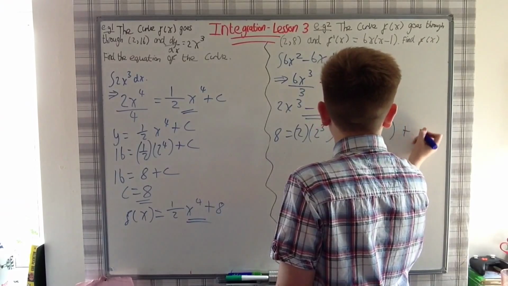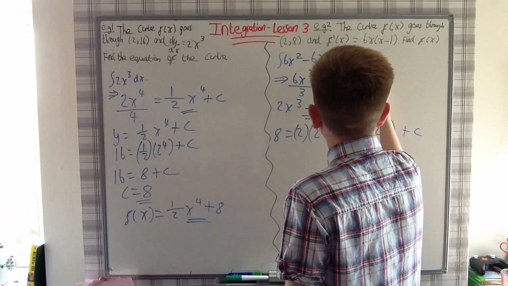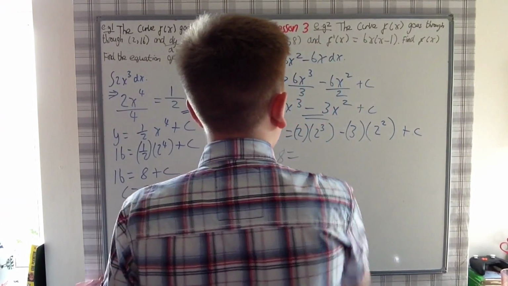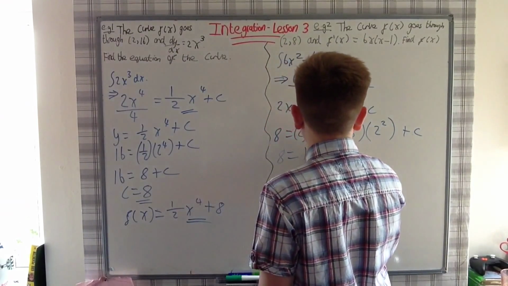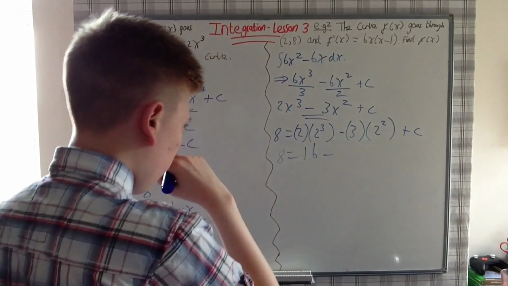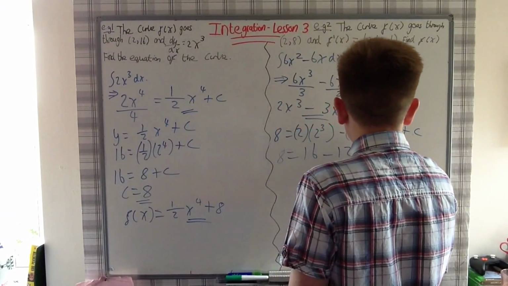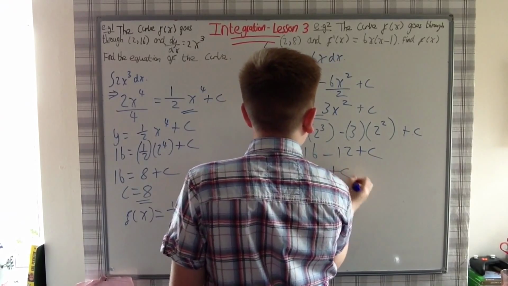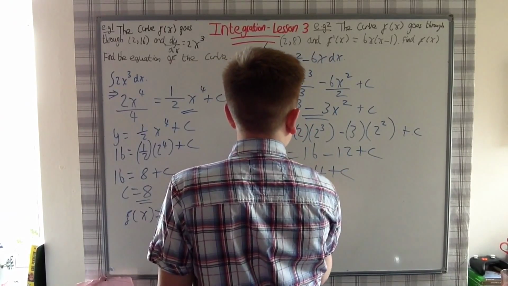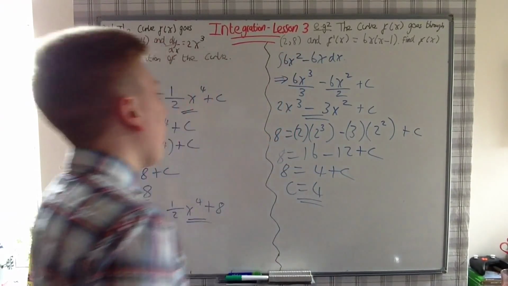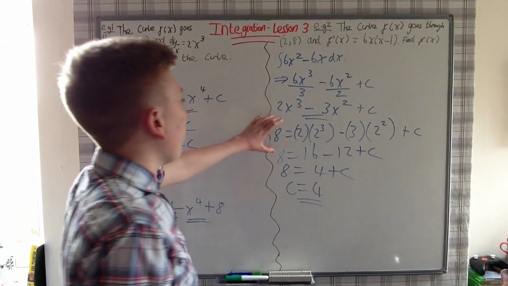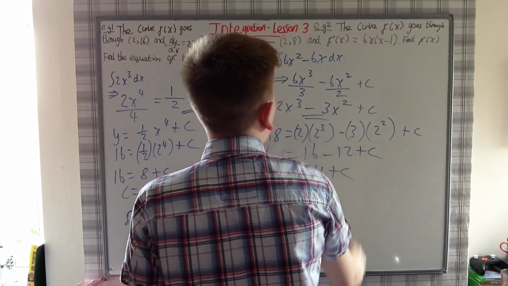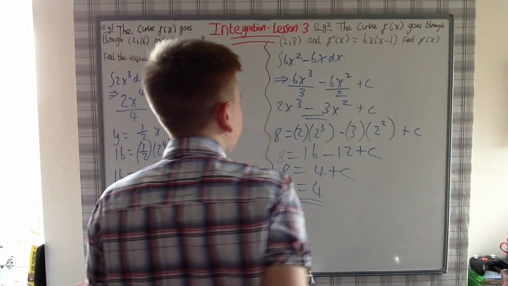So, adding the constant on, we get 8 equals 2 multiplied by 8 gives us 16, minus 12 plus our constant. So we're going to get 8 equals 4 plus c. 8 minus 4 gives us c. So hopefully you can see what's going on here. All we've done is substituting our values of y and x into y equals the function.